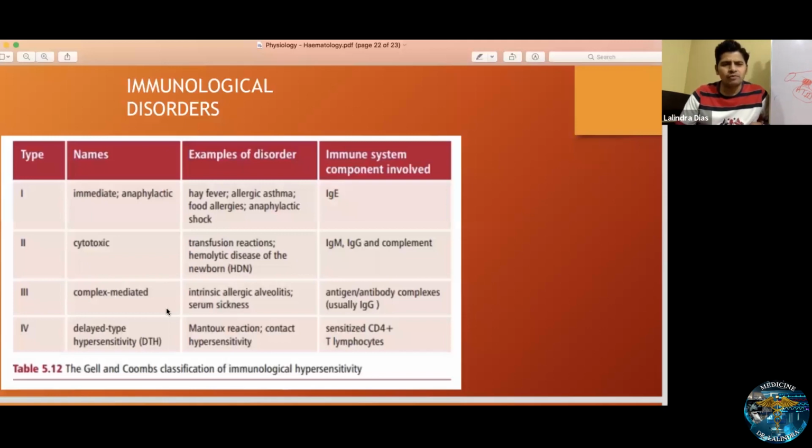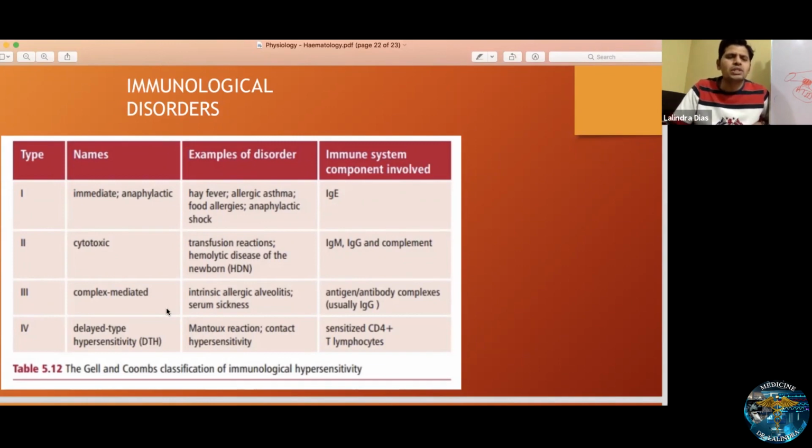Type 2 immunological responses, you have cytotoxic drugs and toxic agents playing a role. And in class 3, it's complex mediated. And class 4 is delayed type hypersensitivity, right? So that you don't have to know.